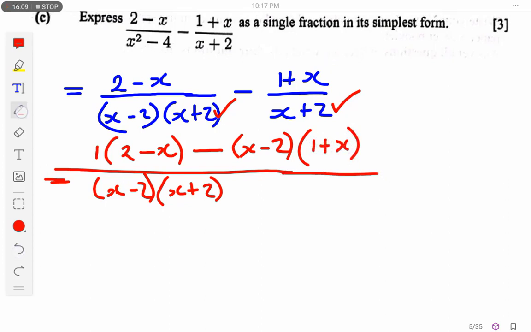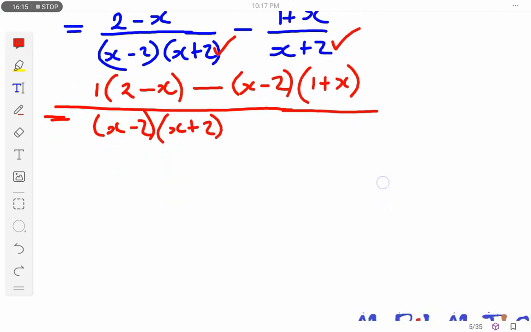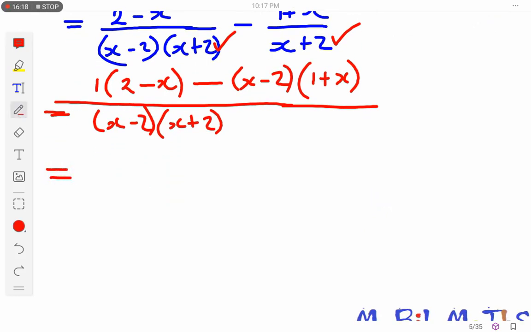So now the job we have is to simplify everything. Let's simplify. So here I have 2 minus x, then I have minus, I'm going to use a bigger bracket because here I've got brackets and I want to simplify them step by step with you. So we are saying x times 1, that's 1x there.